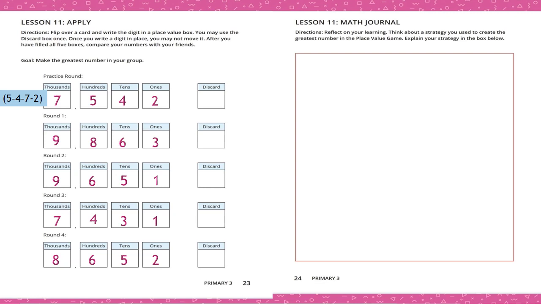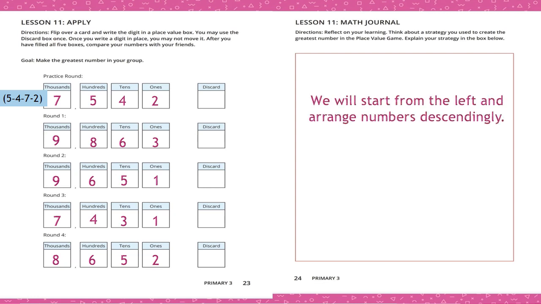Our math journal. Reflect on your learning. Think about a strategy you used to create the greatest number in the place value game. What is my strategy to create the greatest number? We will start from the left and arrange numbers in descending order. Yes, it's a way to form the greatest number.